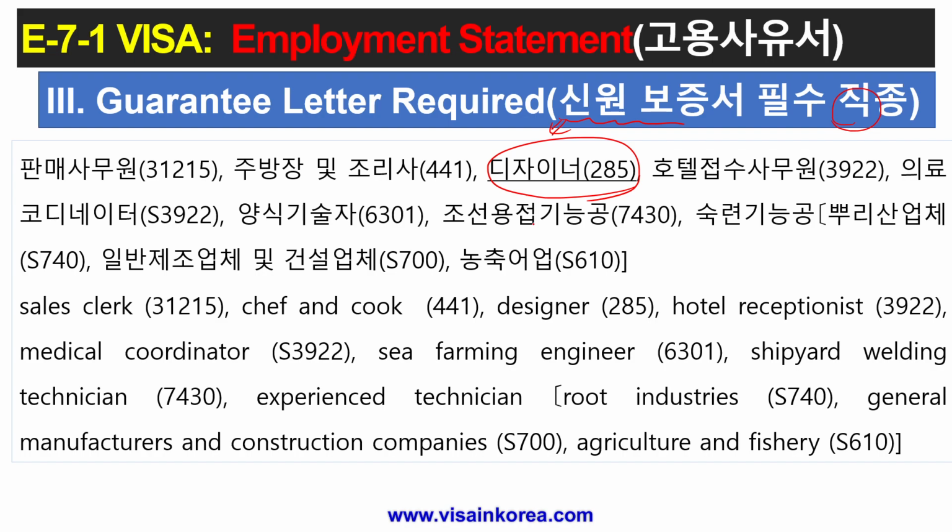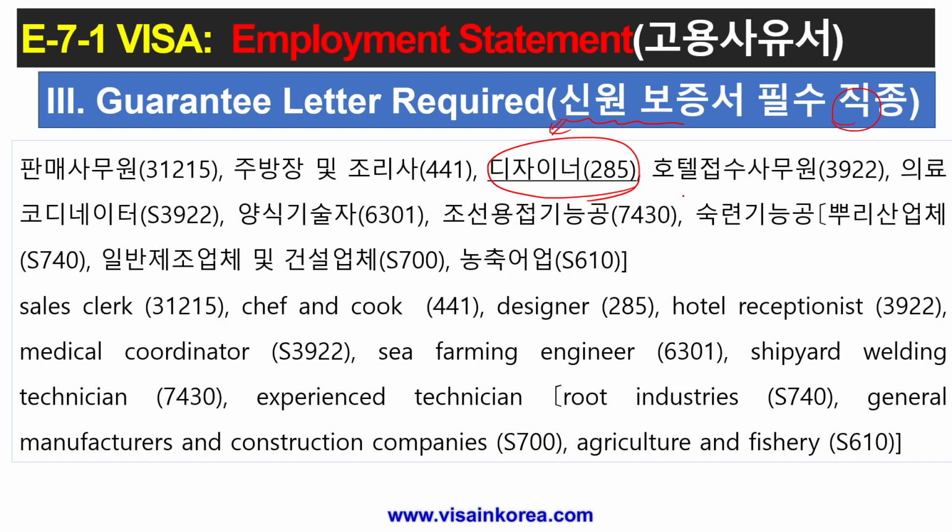So when you apply for the E-7-1, one other job code is necessarily required for a guarantee letter. A guarantee letter. So a designer, job code 285, is necessarily required to have a guarantee letter from the representative of your hiring company.